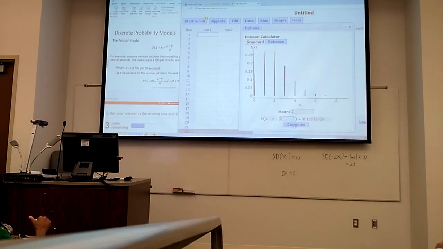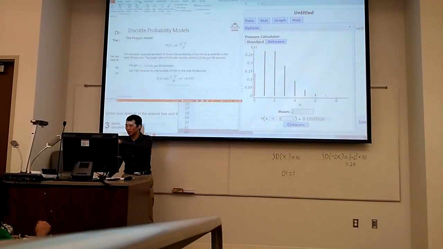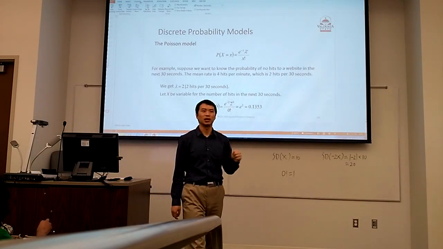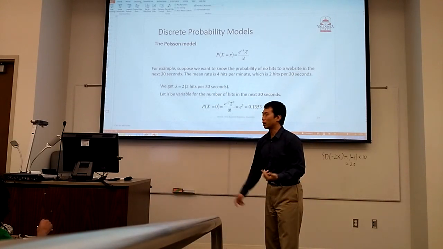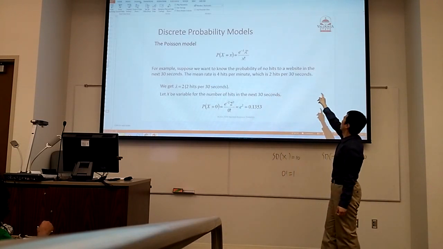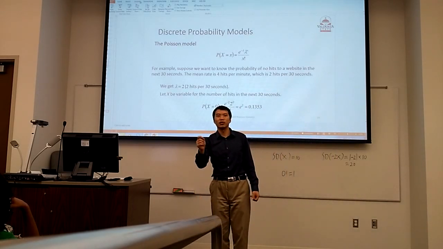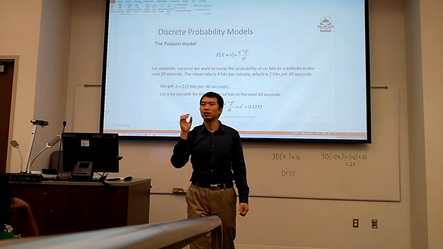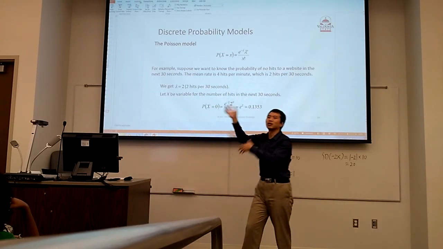So we have a few numbers here, right? That's a very good question. It says 4 hits per minute, right? And what is the duration we are interested in? We are interested in the probability of no hits to the website in the next 30 seconds. Although the given information is about 1 minute, we are interested in half a minute, 30 seconds. So we have to manipulate the information a little bit.